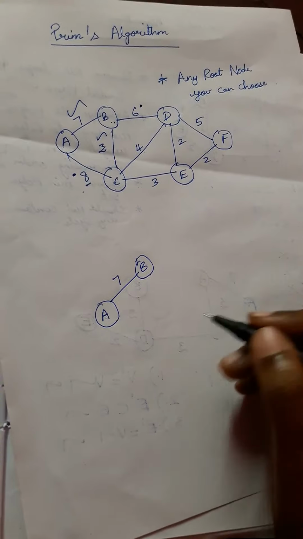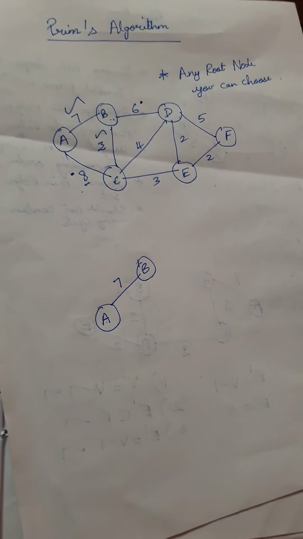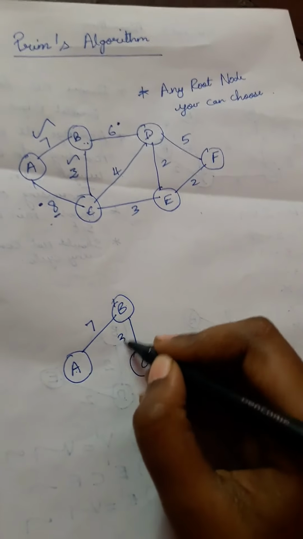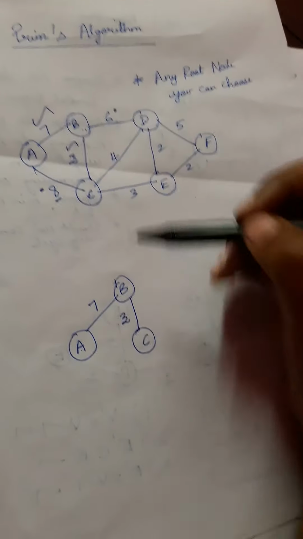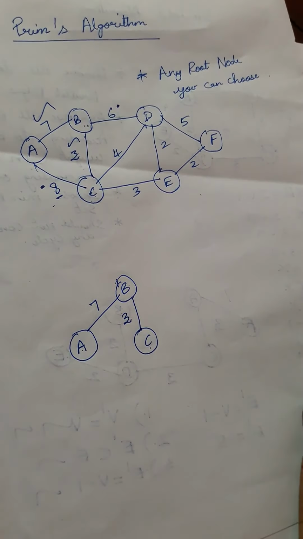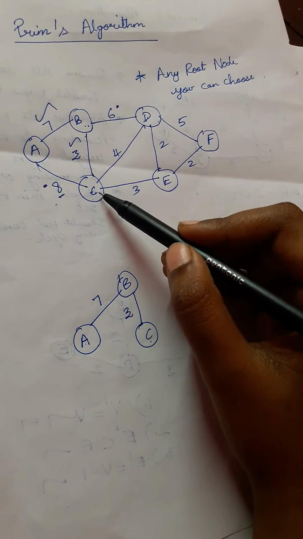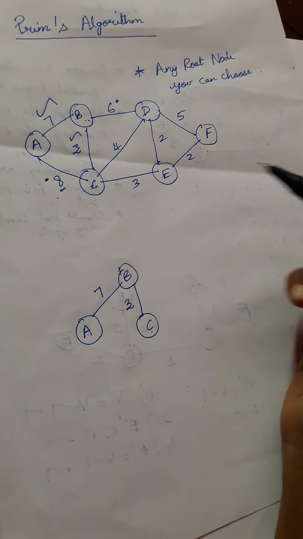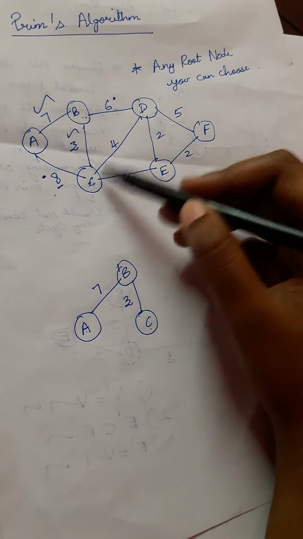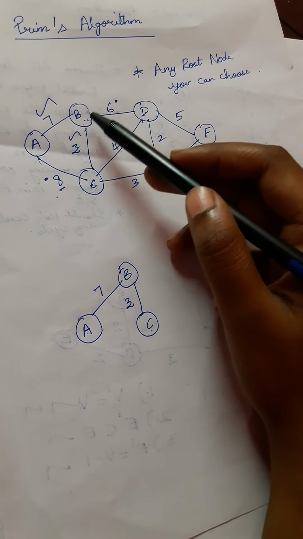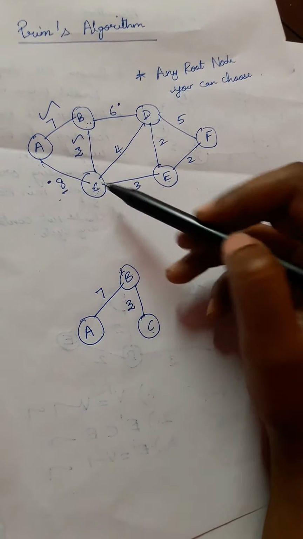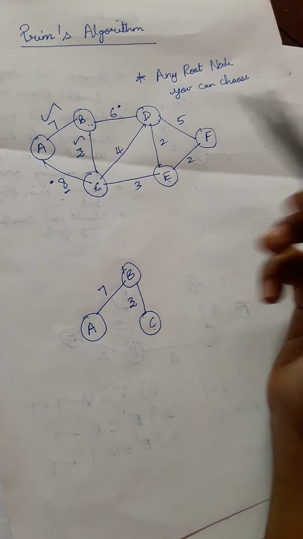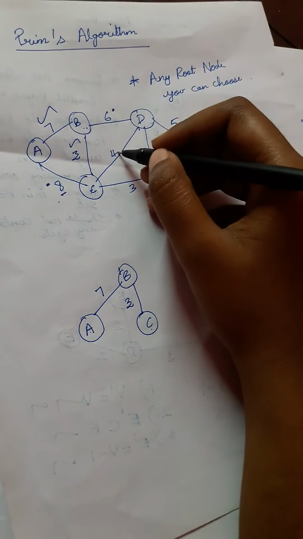You can represent them with any symbol, or else remember in your mind. Now I am going to take this node, which has weight 3. Next we are at C. From C, the adjacent nodes are C to A, C to B, C to D and C to E. Now we consider C to D and C to E, and also the other elements, B to D and C to A, which is 8, the one from the beginning, A to C. So these four are there: 3, 4, 6 and 8.